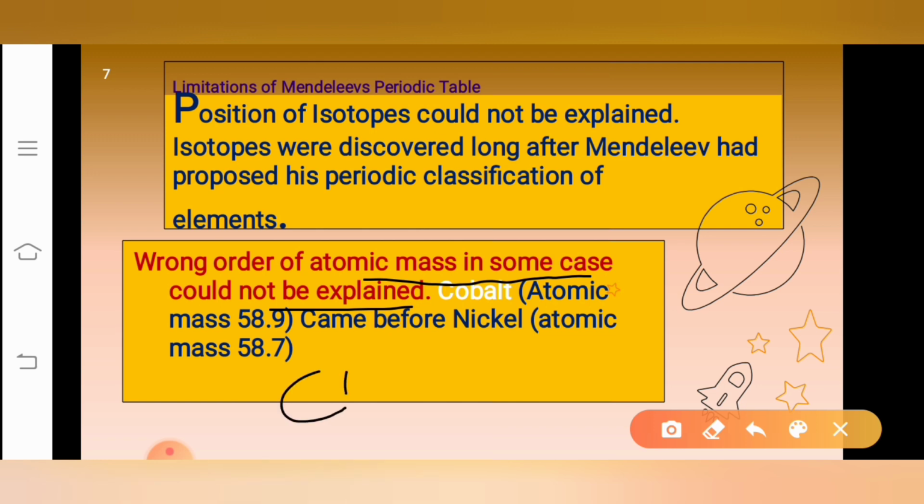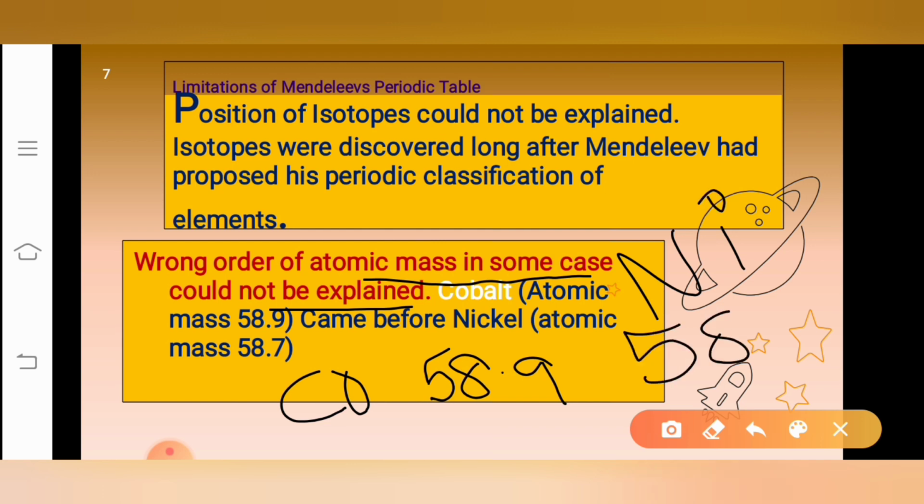Let us take an element, cobalt. Suppose it has the atomic mass of 58.9, correct? And let us take another element, nickel, which has the atomic mass of 58.7, right?